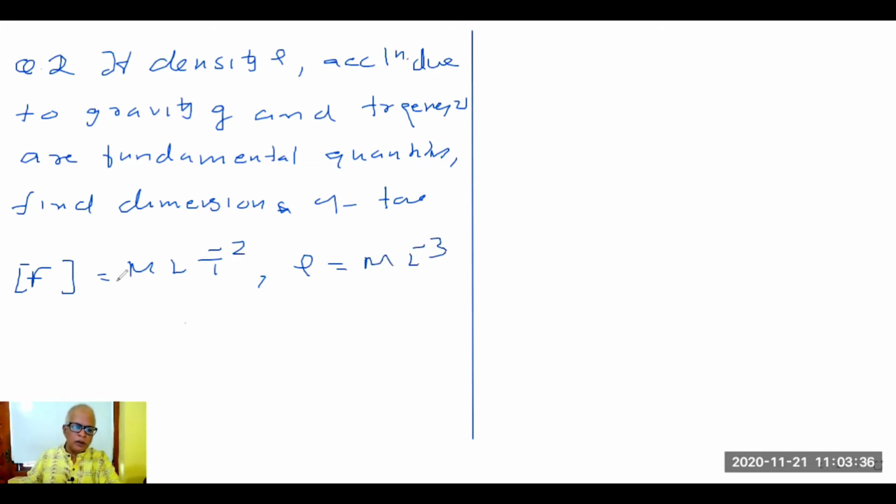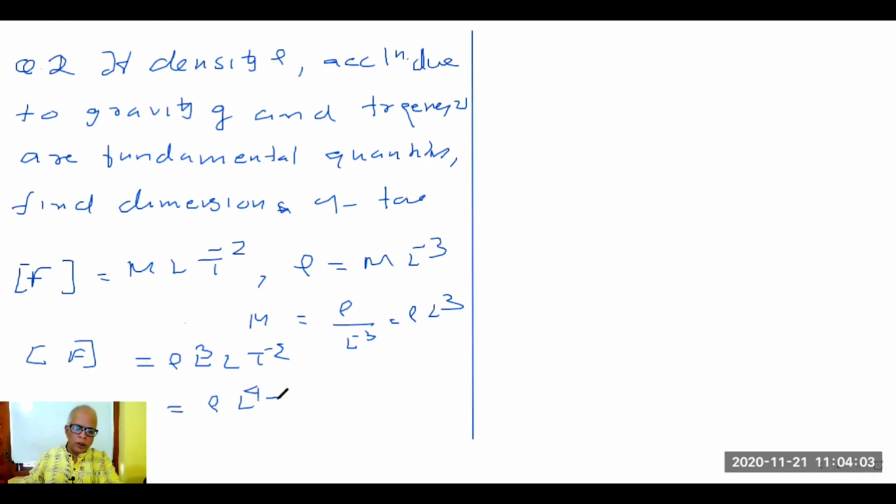So instead of M, find M from here and substitute: M is equal to rho L cube. So your force is equal to rho L cube, L into T raised to minus 2, that is rho L raised to 4 T raised to minus 2.